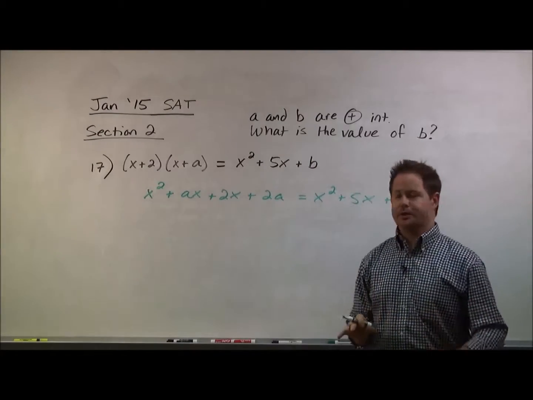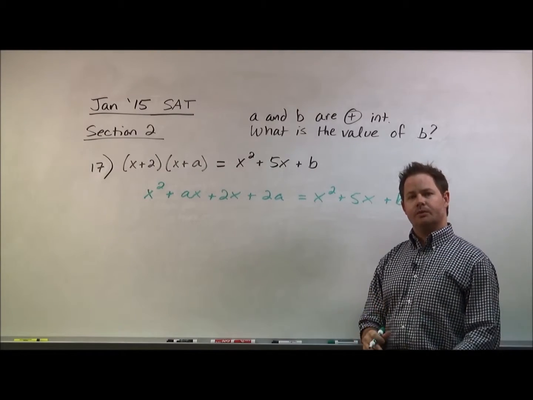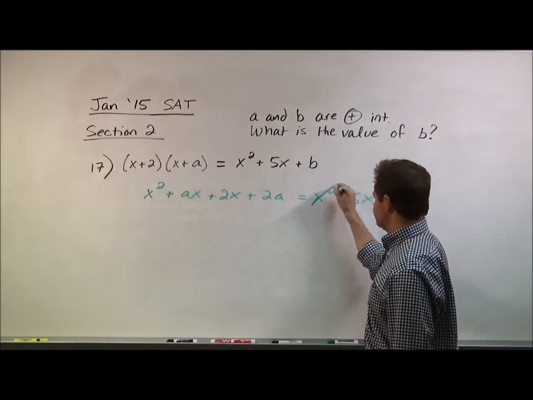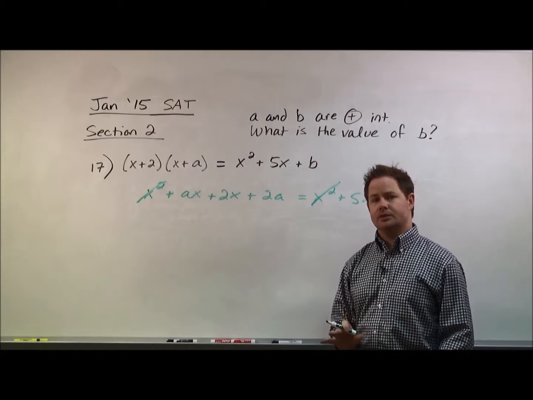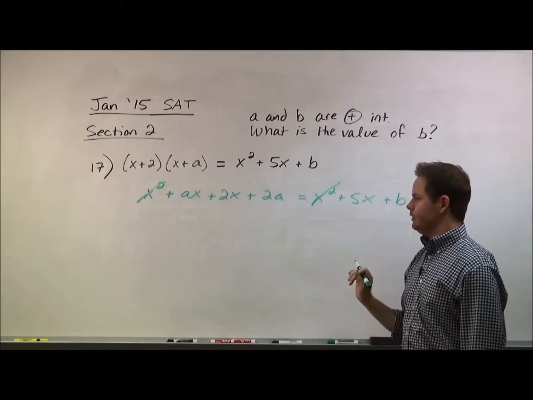Now here's where we're going to treat this the same way we did in that other example. So any like terms we want to combine or set equal to each other. So here, first of all, the x squared terms, when you subtract x squared from each side, those cancel out. So that'll make things look a little bit more neat and tidy. Right off the bat, we can get rid of those.